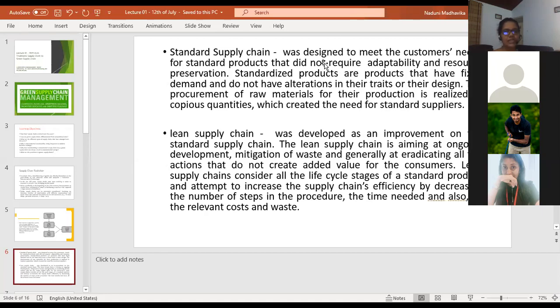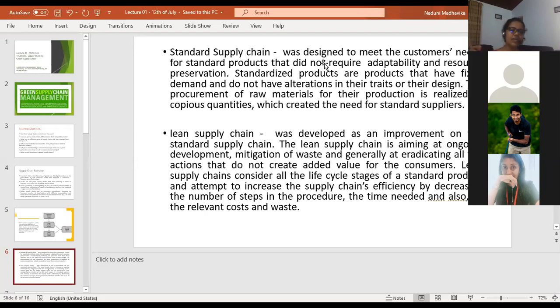So basically, if a business organization is having the lean concept involved in the supply chain, they would let go of that particular step, which does not add value from the customer's point of view. Lean supply chains consider all the life cycle stages of a standard product and attempt to increase the supply chain's efficiency by decreasing the number of steps in the procedure, the time needed, and also all the relevant cost and risk.